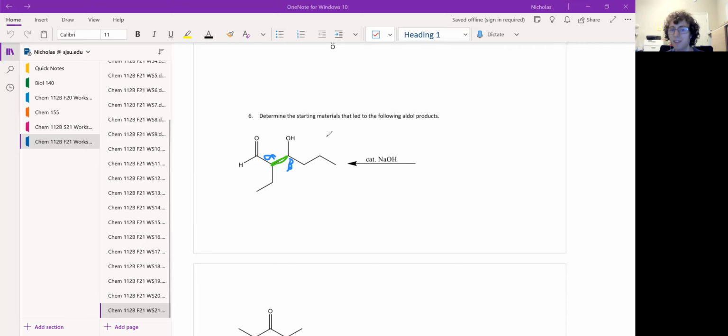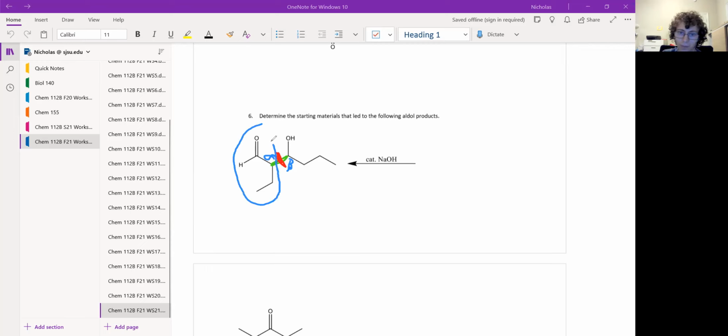That's this bond that I've highlighted in green here. So that's the bond we made. If we're trying to work backwards to the starting materials, you can think of it as just breaking this bond, and then seeing what was on the left side and what was on the right side. Those two things, when you added them together, gave you this aldol product.